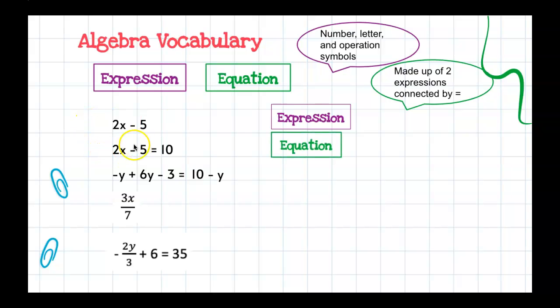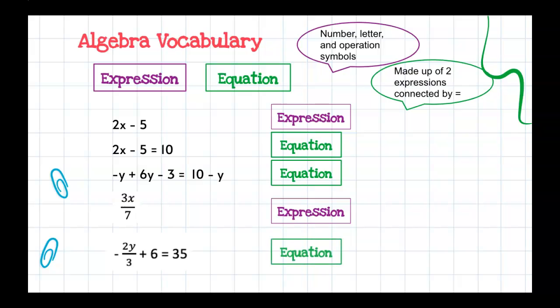As you can see, you have two expressions, one on the left side and the other one on the right side, and it is connected by the equal symbol. How about the third one? Yes, it's also an equation. And then the fourth one is an expression. And then the last one is an equation. So from here on, I'm going to consistently use expression and equation.